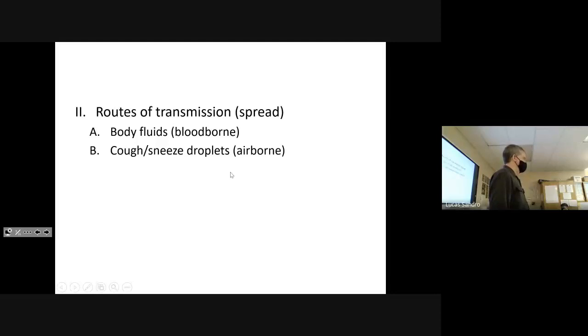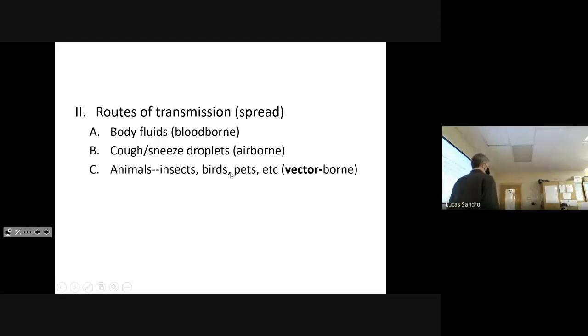But isn't that also bloodborne? Kind of. Insects. In fact, any animal that transmits a disease, and it's not just insects, although they're the most common, what we call vectors. Birds are also a common vector. Pets, think rabies.